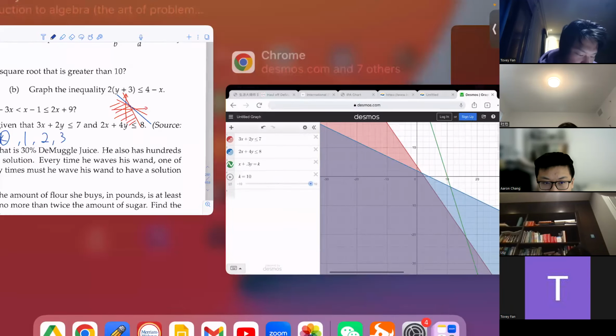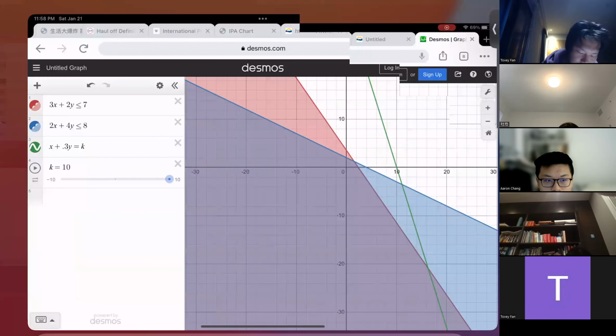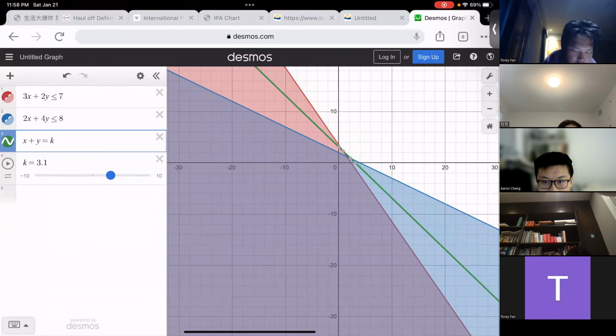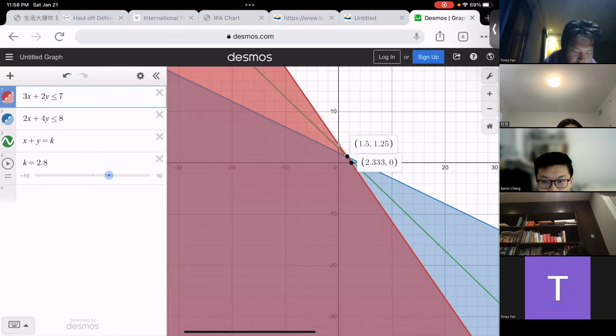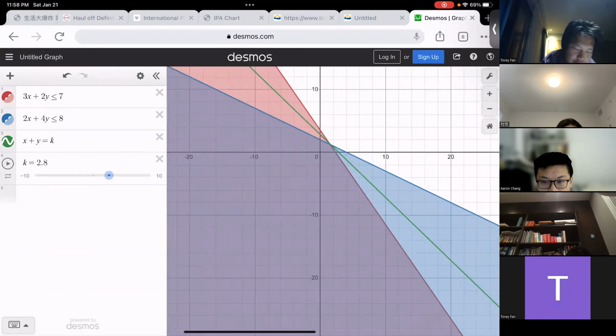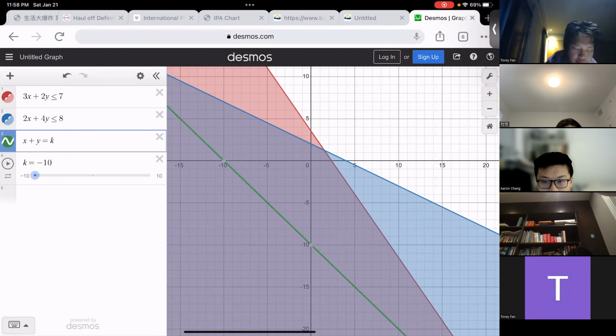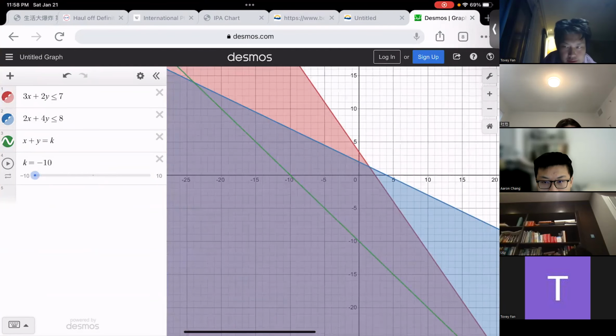So the question is x plus y. If you do x plus y, you graph it, you will see that at the intersection, almost, this will give you the maximum value because when you go down, there were a lot of solutions. Everything on the green line that's within the overlap region will be solutions.